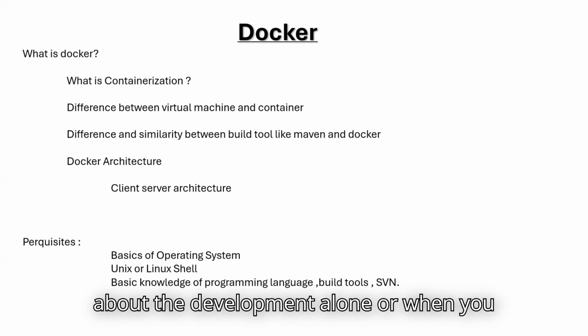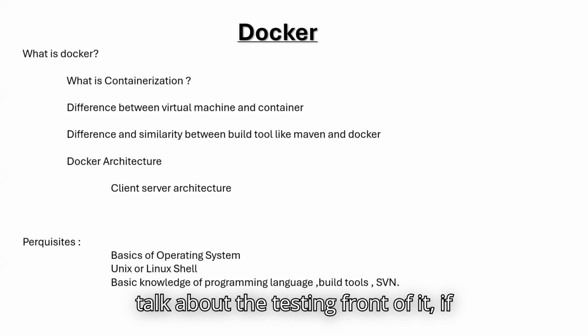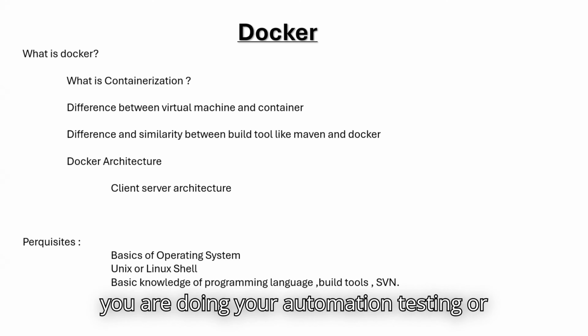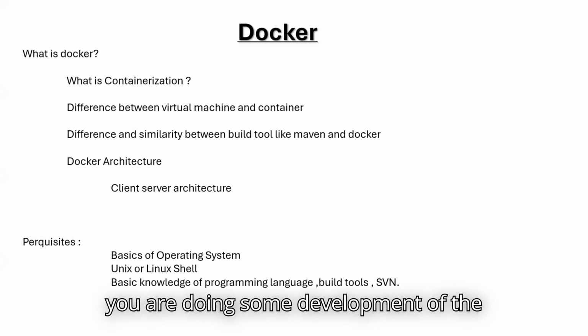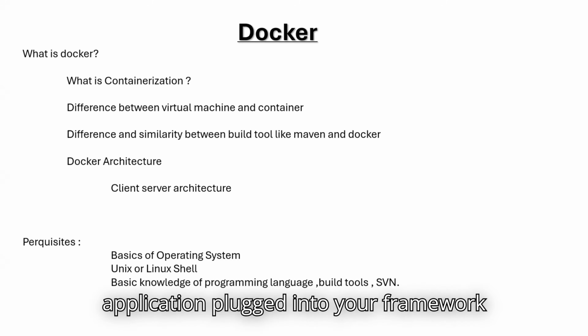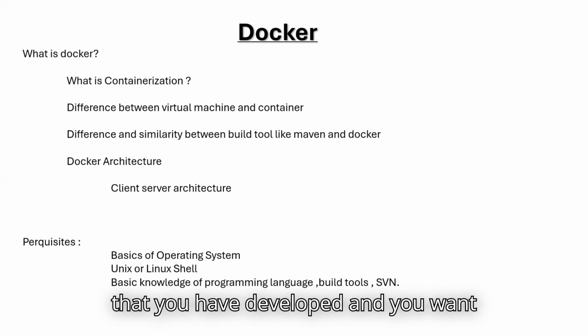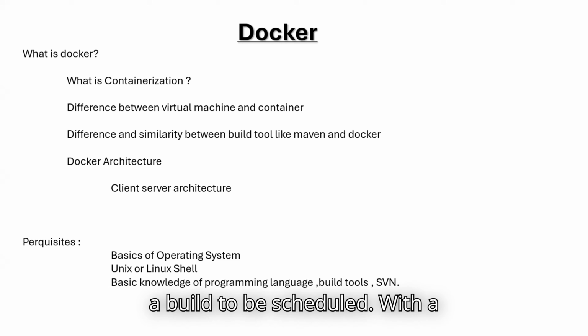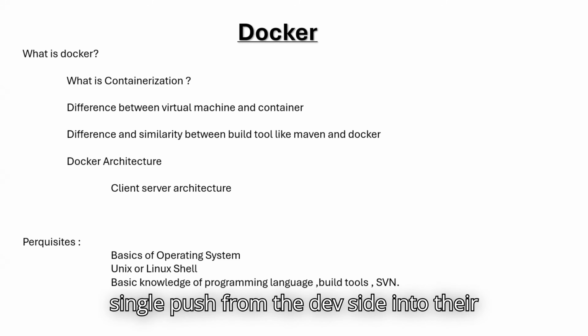If you talk about the development alone, or the testing front of it, if you are doing automation testing, or developing a framework, and you have your business application plugged into the framework you have developed, you want a build to be scheduled with a single push from the dev side into their repository.